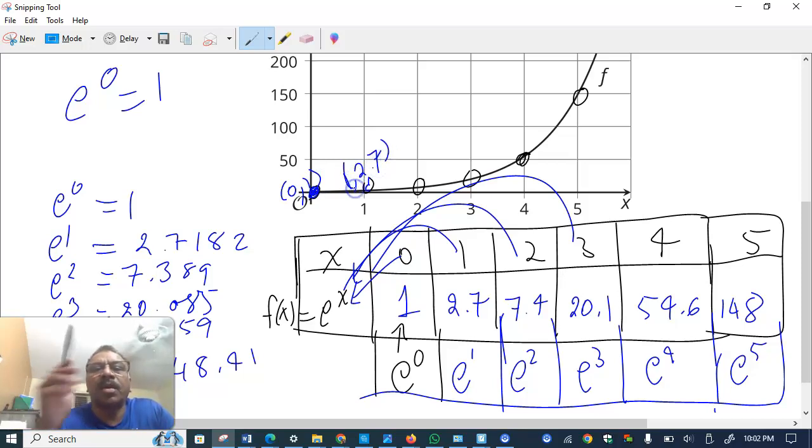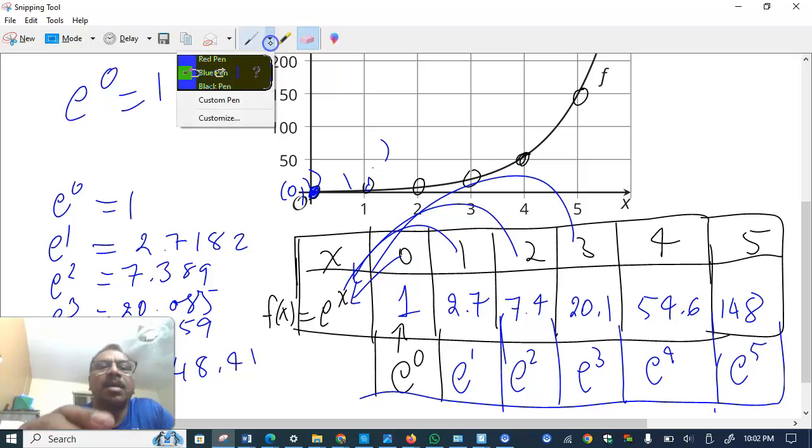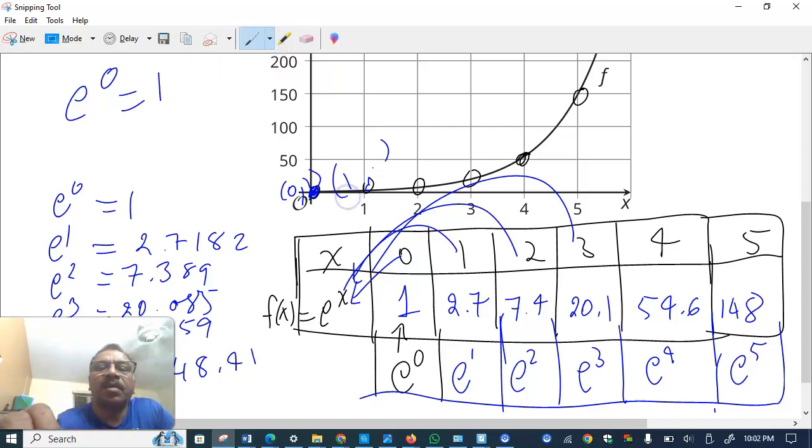The reason I'm showing input and output is because we are going to use the logarithm, the inverse function. So this is 2.7 here.